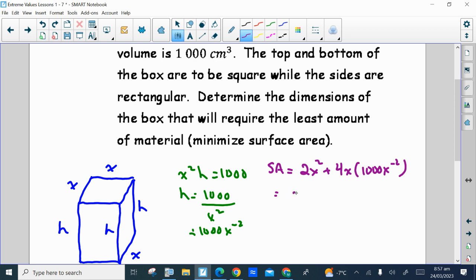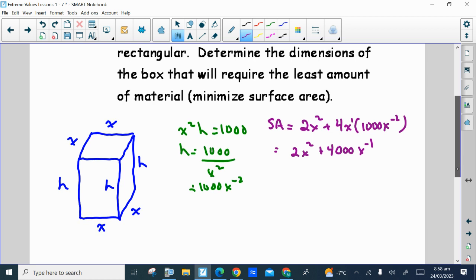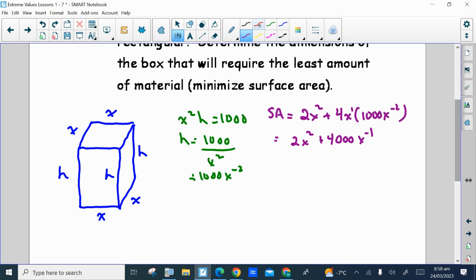So when you multiply these out, it'll be 2x squared plus 4,000 x to the negative 1, because you're going to multiply the x to the 1 by x to the negative 2. So there's an expression for surface area. And that's what we're going to differentiate.